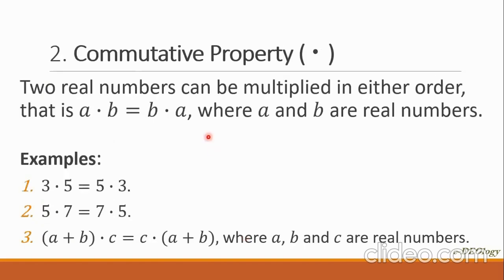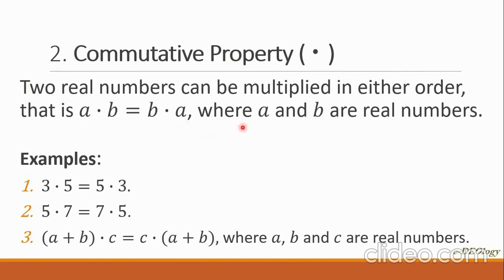Next property under multiplication is this commutative property. It says two real numbers can be multiplied in either order, that is, A times B equals B times A, where A and B are real numbers.